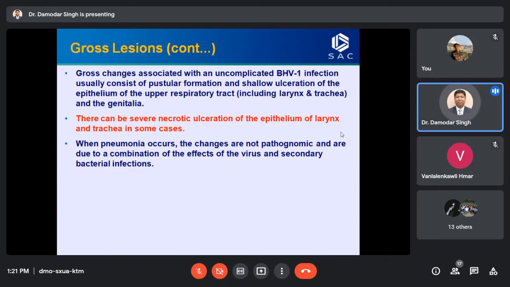It may be due to secondary bacterial invaders mostly, and some other viruses other than bovine herpesvirus. So secondary invaders may lead to a severe form of pneumonia, like bronchopneumonia, right?